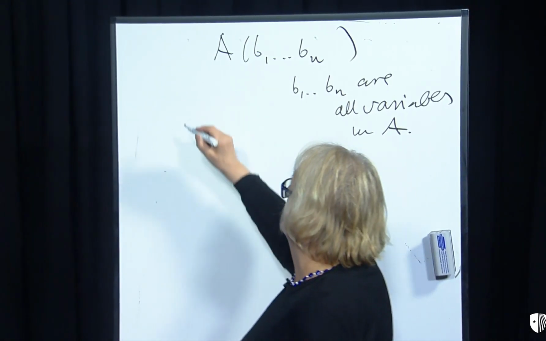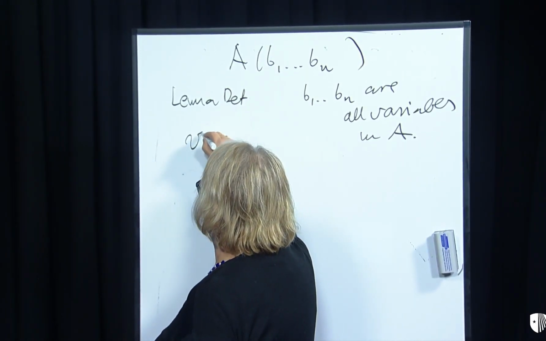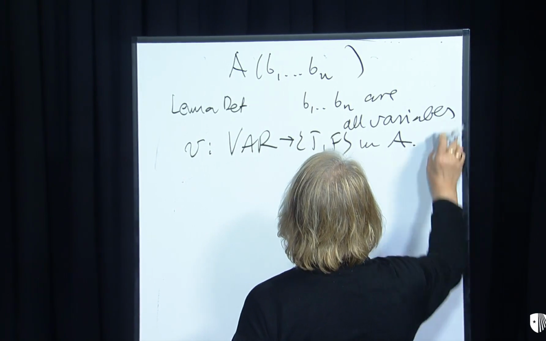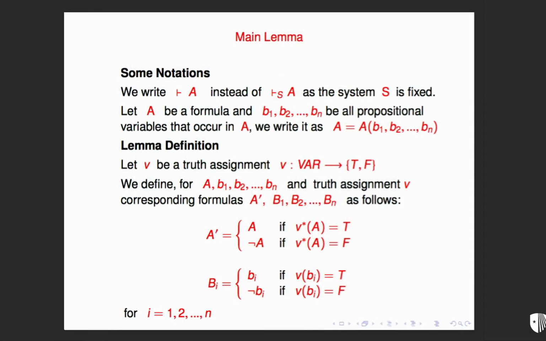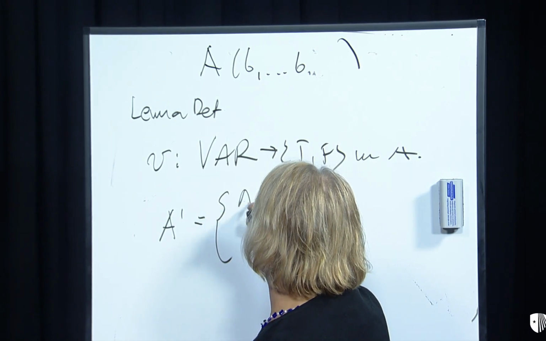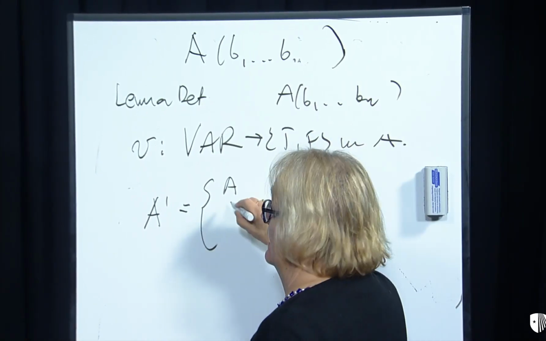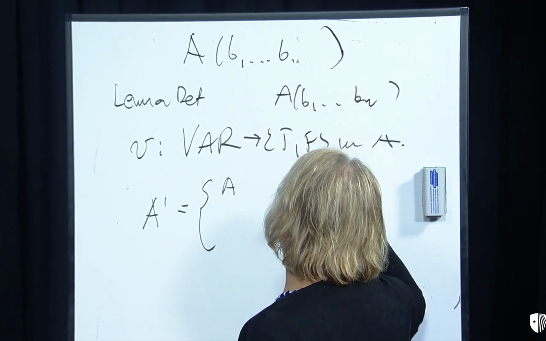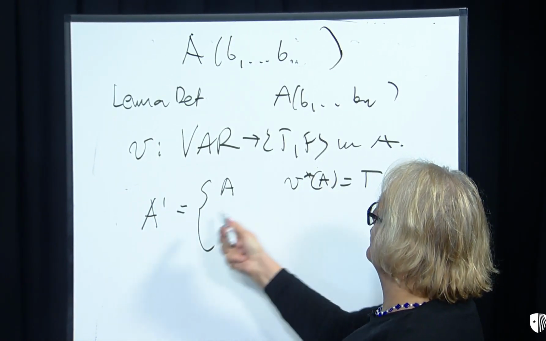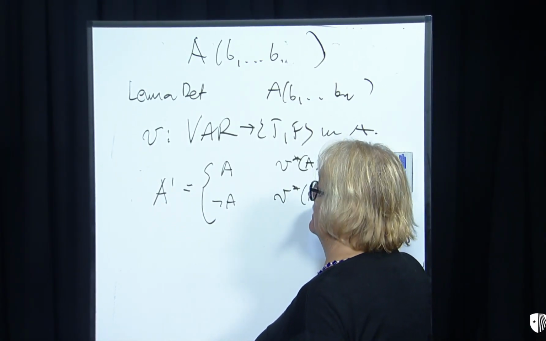And now, this is the lemma definition: given a truth assignment v which takes variables into T, F, we write two formulas, A prime, which is A if v star of A is true, so it means that that truth assignment evaluates formula A into true, and negation of A if v star of A is false.